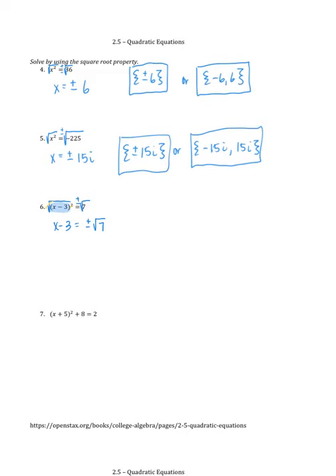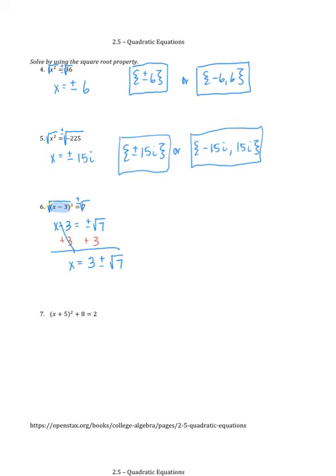And now what you want to do is get the x by itself. So to do that, we're going to add 3 to both sides. So it cancels out on the left. So you get x equals. Now the 3 is out of a radical, right? There's no radical. The 7 is under the radical. So you cannot combine the numbers because they're different, right? So you're going to have 3 plus or minus the square root of 7.